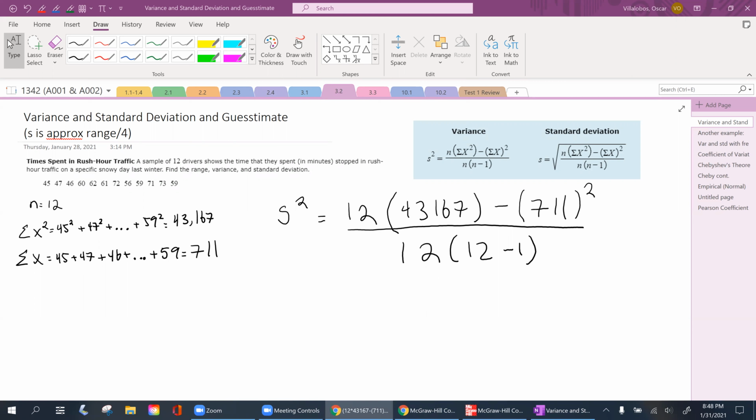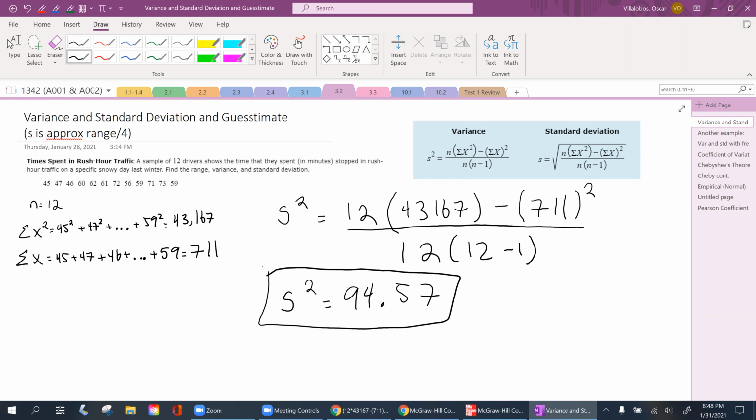Let's do 2 decimal places. This gives me 94.57. And this here would be your variance.